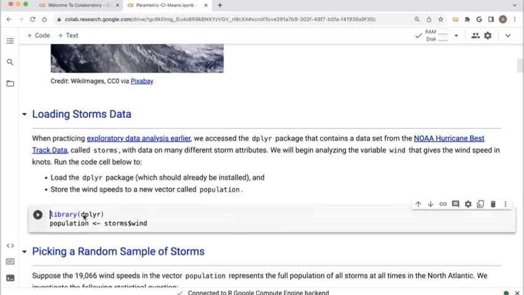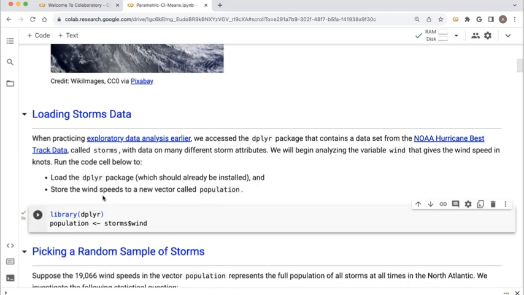And so recall this data frame, storms, is a huge data set of tons of storm observations for storms that occurred in the North Atlantic. And we'll consider this data set our population. In particular, what we're going to want to do is estimate the mean wind speed out of all storms in this data set.